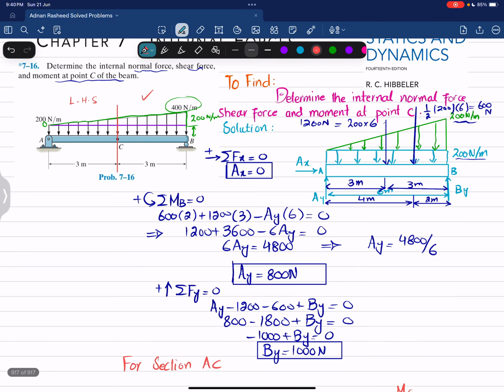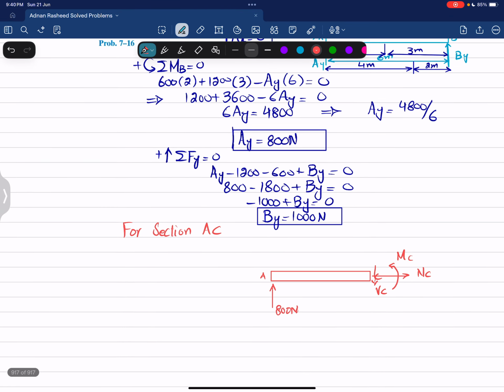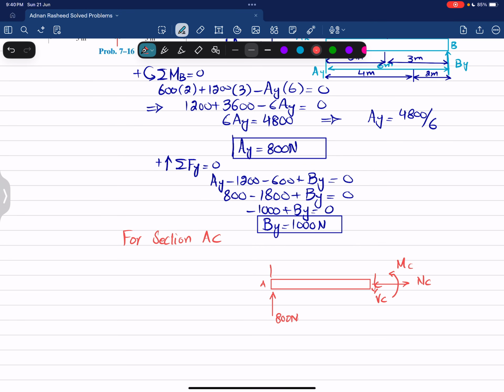And from here you can see this is section is taken till the mid of this beam. So the load will be like this. So this will be 200 Newton per meter load. This is a uniformly distributed load, that is 200 Newton per meter, and for triangular load it will be like this.